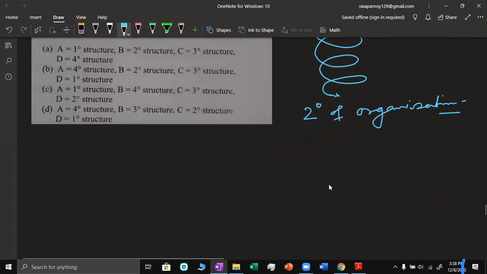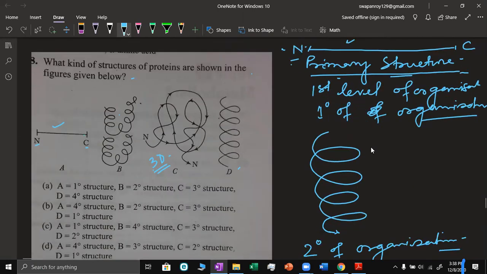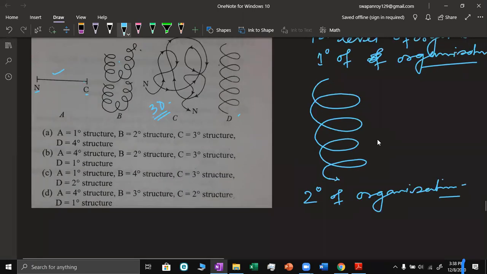At this stage also the proteins are usually non-functional. Then there is further folding, and that is known as the third level of organization.